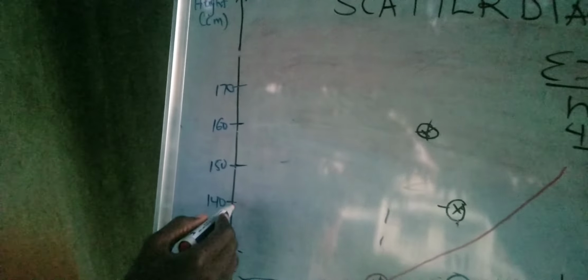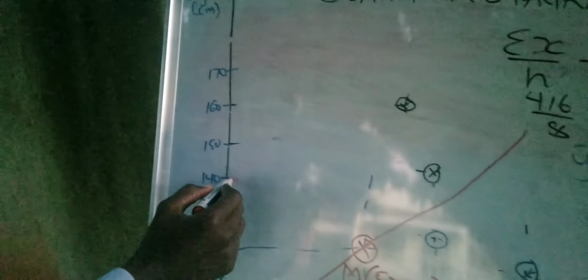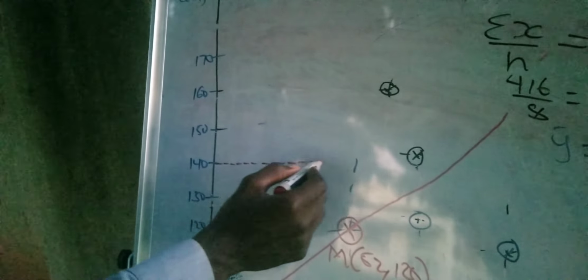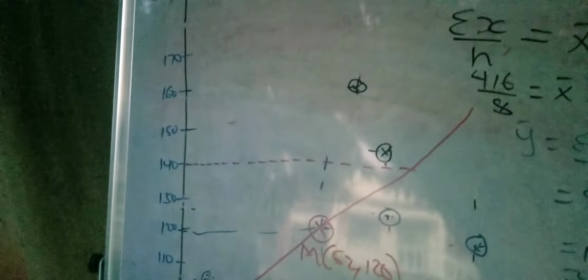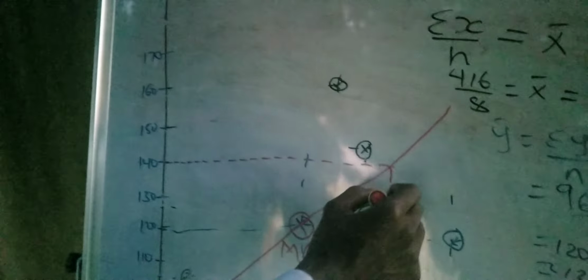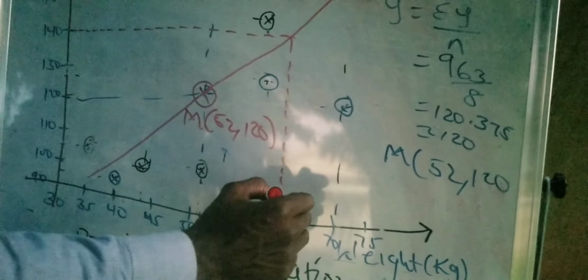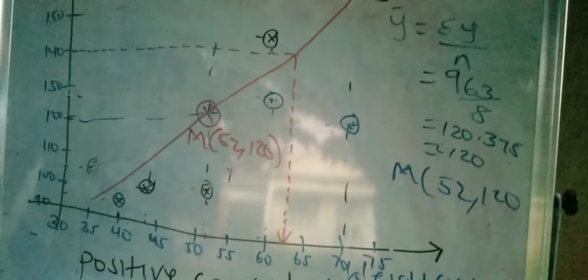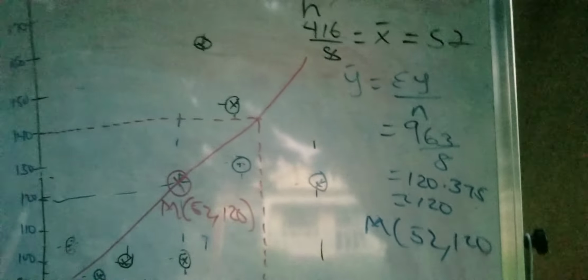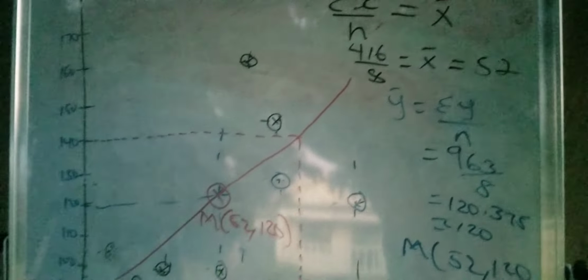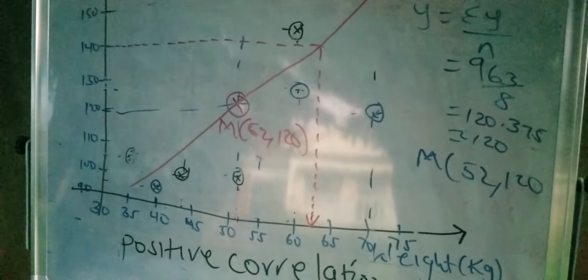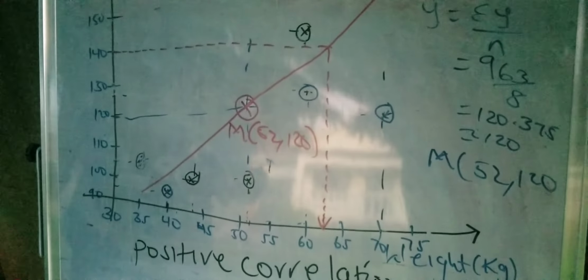I'll come to my 140, then use my ruler and a dotted line, move to the line of best fit, then you go down here and find out the corresponding weight. The weight I read there becomes my weight for a student of height 140 centimeters.